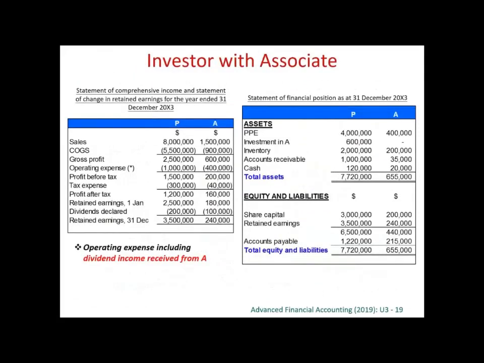The latest financial statement of this associate shows that the book value of the associate is 440,000. Of course, you can calculate the same using assets minus liability. So assets minus liability must be 440. So the book value of the net assets is 440, and we start from this.